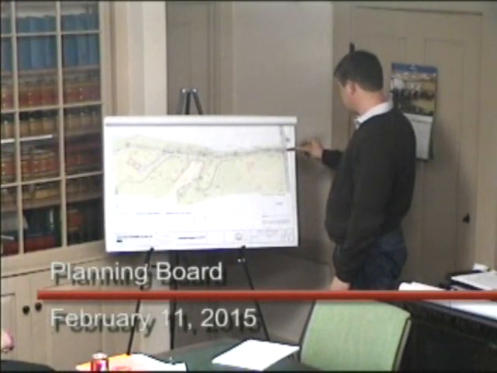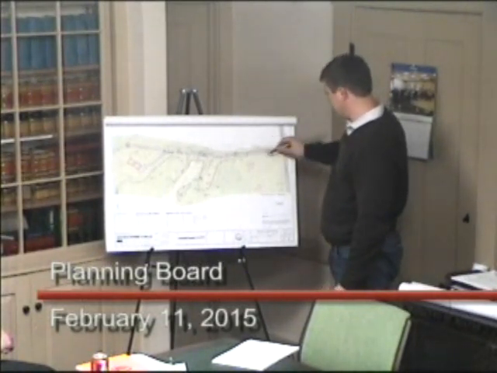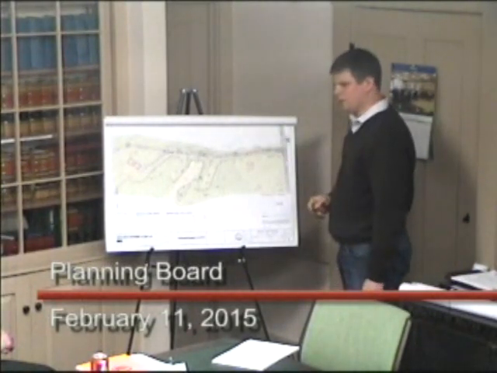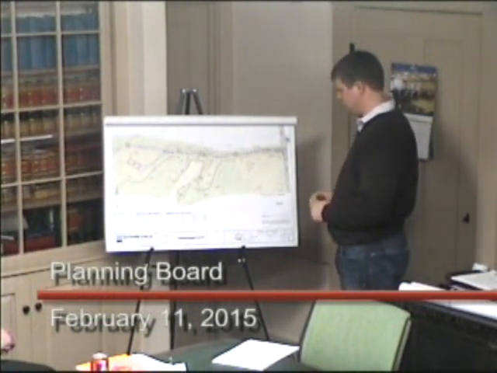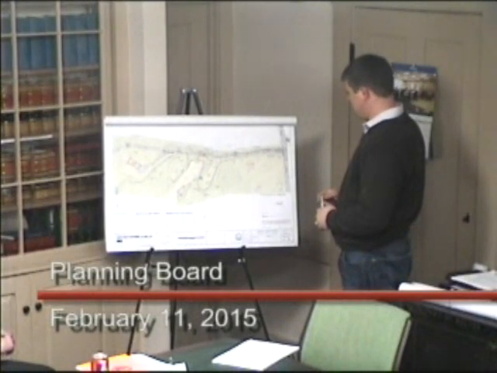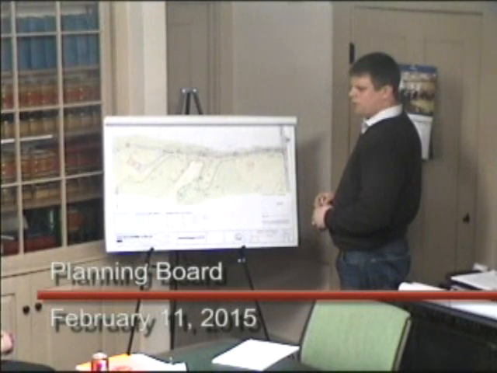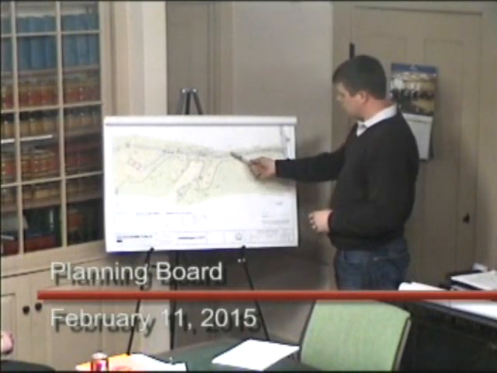So we're asking for some relief there for this first section of driveway. After the first couple hundred feet, we'd meet that for the rest of the way. We're really only asking for that first stretch just to utilize the existing driveway. Your regulations require turnouts every 300 feet, so we've shown those on the plan.